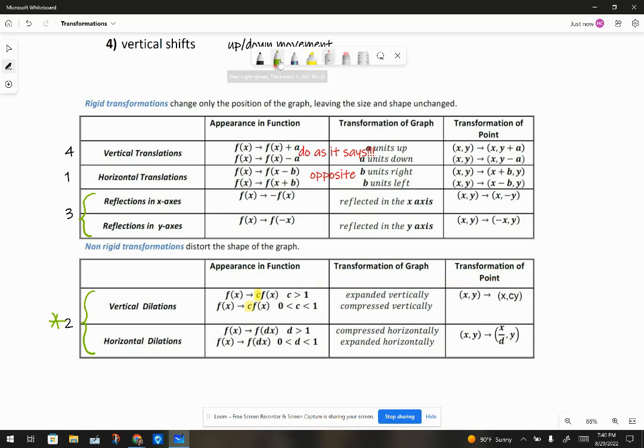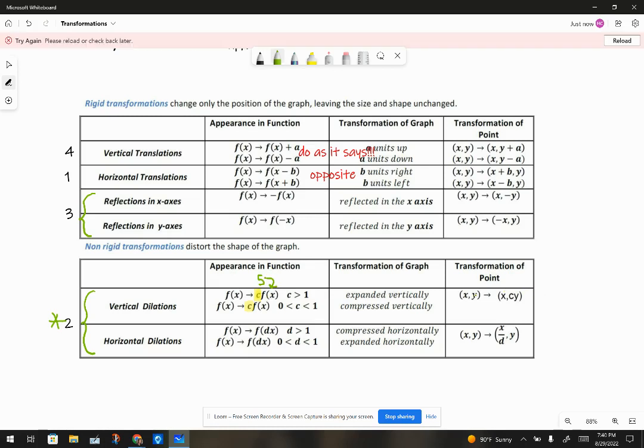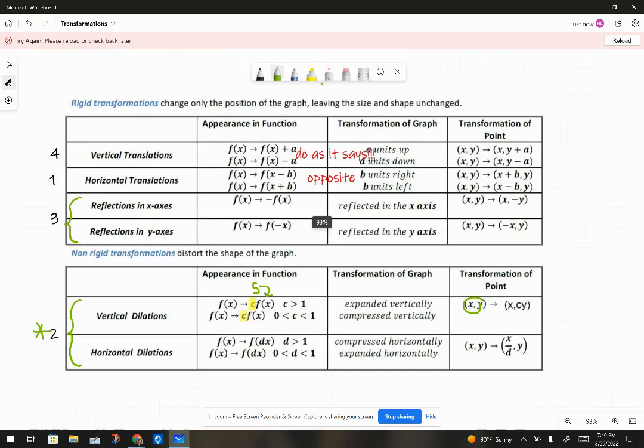That's what I want you to do. So for instance, let's say that C was the number 5, okay? Let's say number 5 is multiplying by whatever that function is. I don't care what the function is. But that 5, what you're going to do is pick a point on your graph. And whatever that point is that you chose, you are going to take the Y value of that point, and I want you to multiply it by 5.